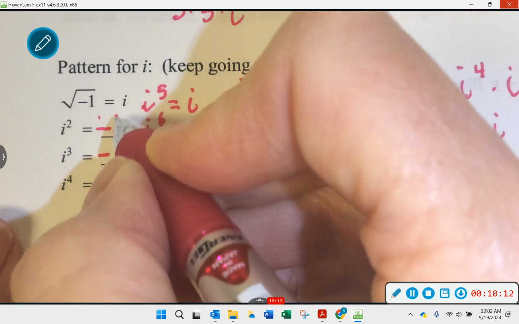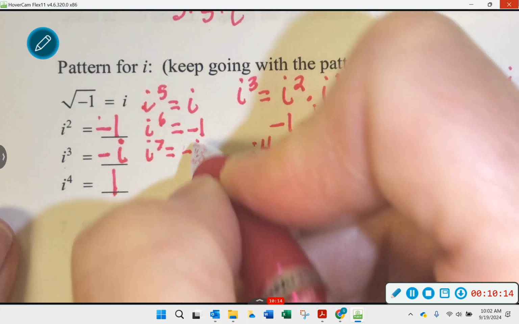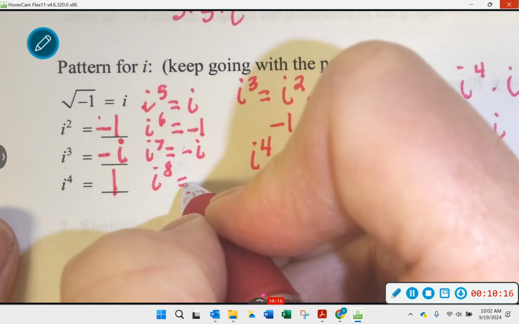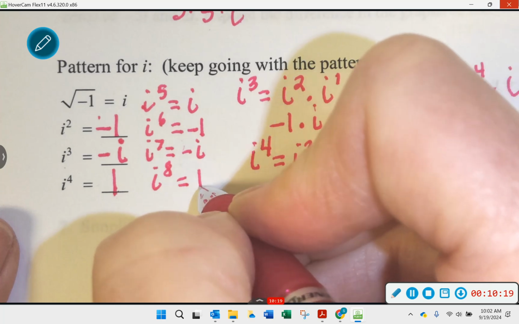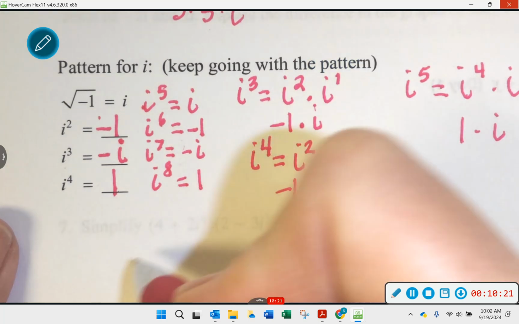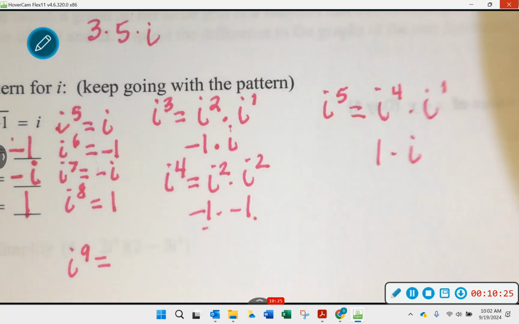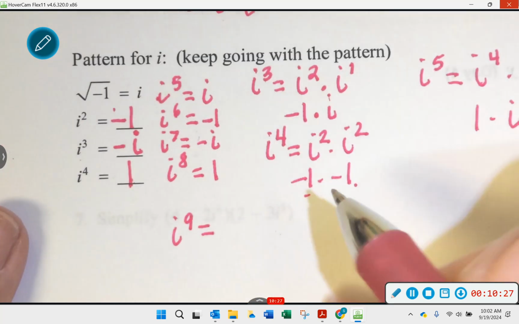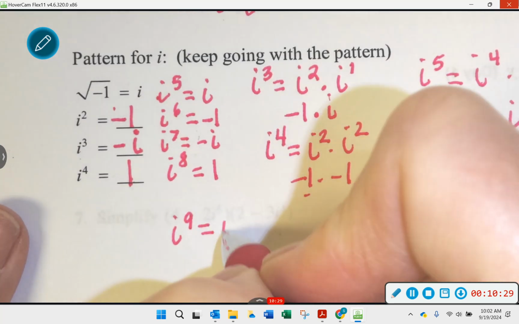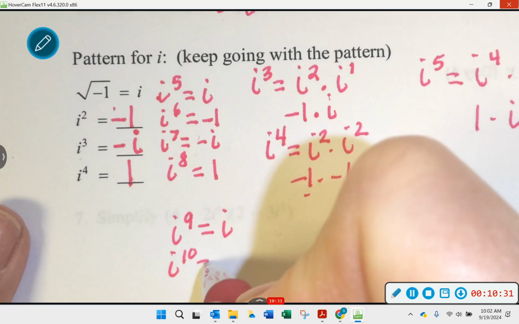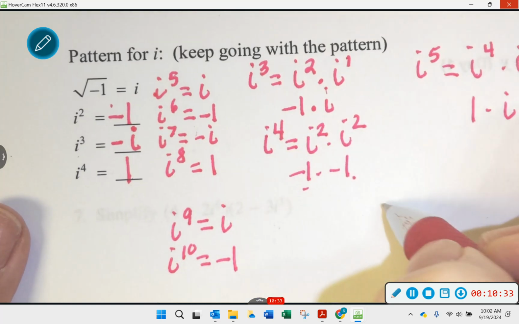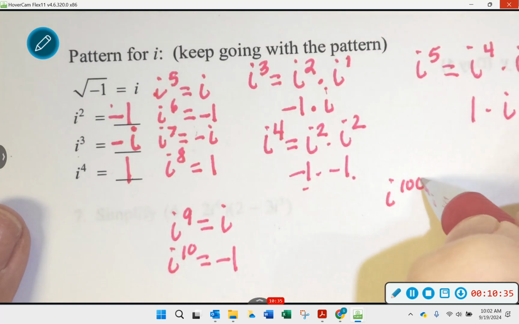Keep the pattern going. i, -1, -i. What's i to the eighth? Nope. 1. Can you think of now what i to the ninth would be without a calculator? Nope. i. What's i to the 10th? -1. What is i to the 100th?